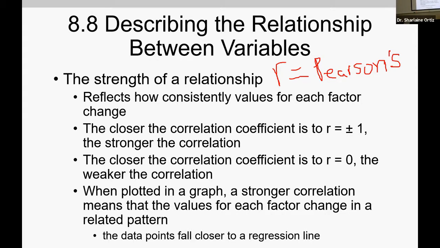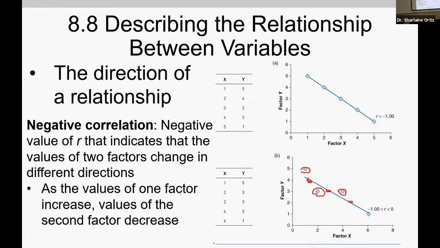What I'm trying to find out is how consistent, right? The consistency of how each value changes. So if we go back to our previous slide, notice that this R that is perfect is a -1, is very consistent, right? So I'm trying to find out how consistent these plots are.